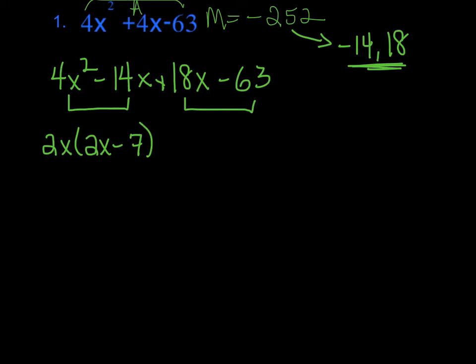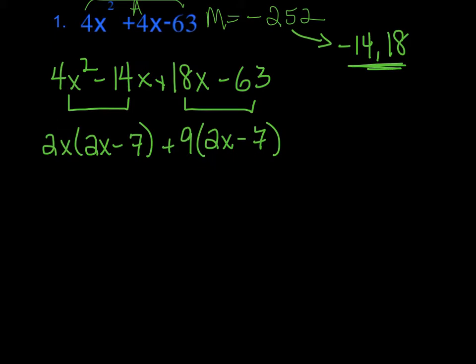Now when I look at the second group, I see 18x and minus 63. So I see that that has a GCF of 9. And if I factor that out, I will get 2x minus 7. Very convenient, because remember, we want what's in parentheses here to be the same as what's in parentheses here.